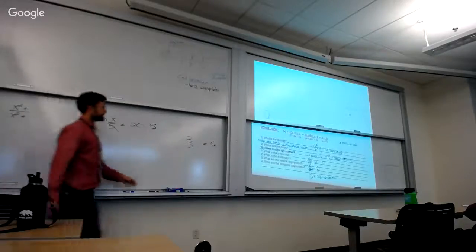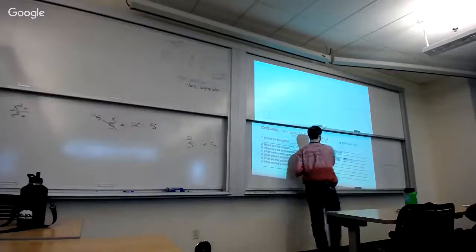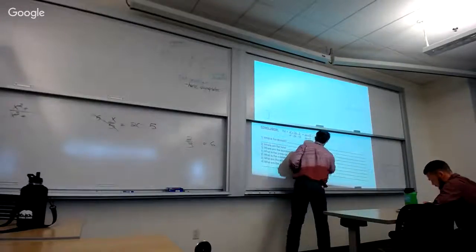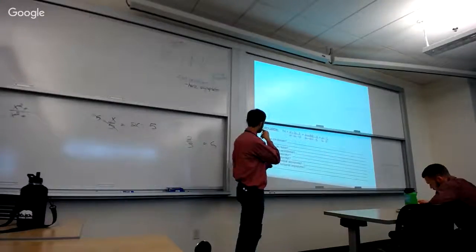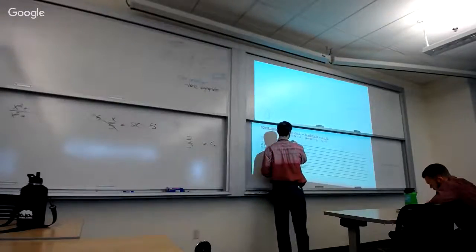Let's wrap all that up. How do I analyze a rational function? I know we need to talk more about the horizontal asymptotes, and we will. So let's sum this up. What is the domain? It's the exclusions from the denominator.